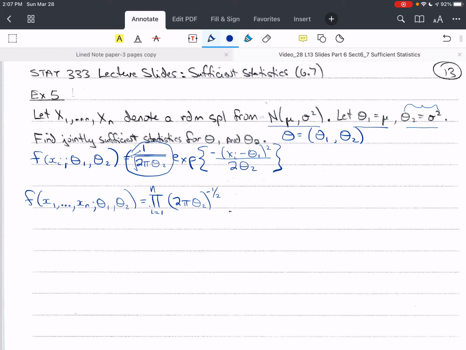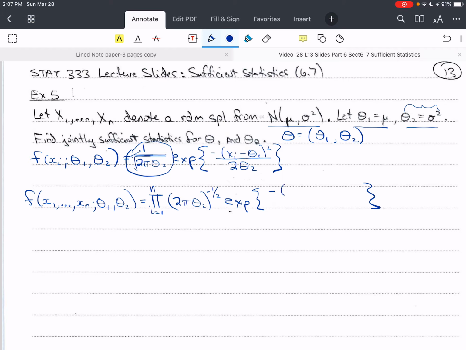A square root is a 1/2, and if it's in the denominator, then it's a negative exponent. So changing it to exponents is really a good idea here. And then I have exp, and I can do negative 1 over 2 theta 2, and then x sub i minus theta 1 quantity squared if you like. You don't have to write it that way, but I like to write it as a fraction, so that I see that I have the common denominator.